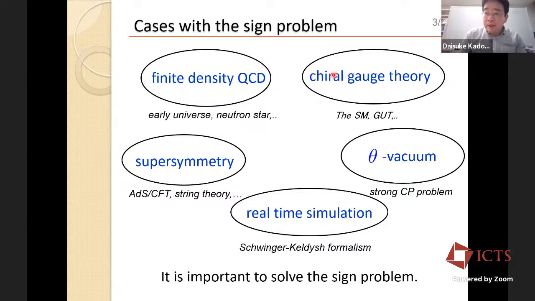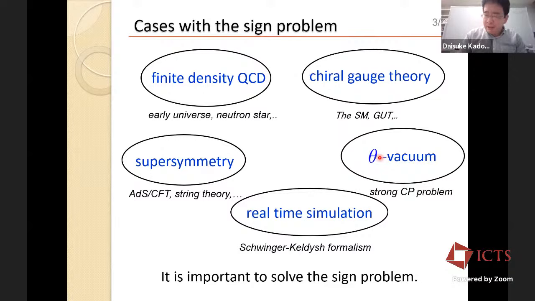Chiral gauge theories and supersymmetric theories have chiral interactions, which are proportional to gamma 5, and such interactions lead to an imaginary part in the fermion determinant.